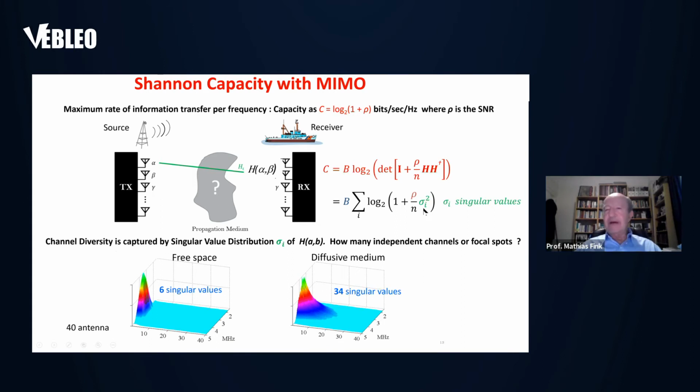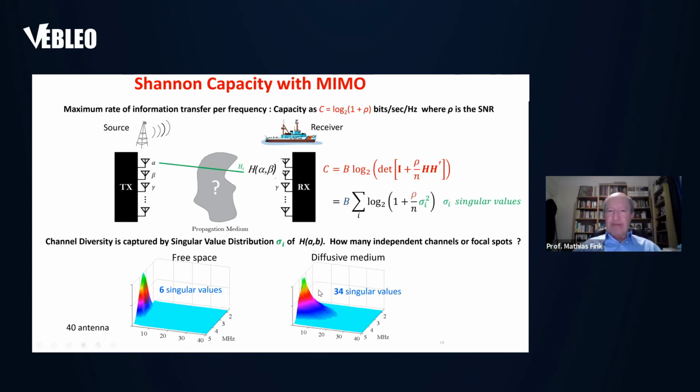I have 40 singular values, but how many singular values are strong? These are the channels that I can create through this medium. And if you have, for example, 40 antennas through a medium which is free space without reverberation, here I have 6 singular values. But when I put my random medium, like I explained before, now I have 34 singular values. That is to say, I can send more information in this medium.